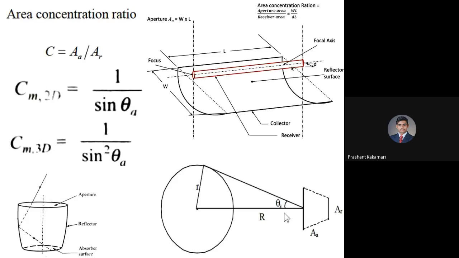This acceptance angle depends on the distance of the sun to the earth, depending upon the different seasons. Also, it depends on the aperture area, and also it depends on the time.